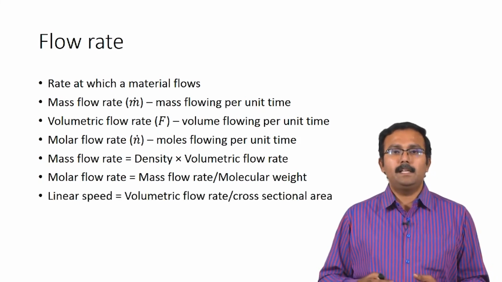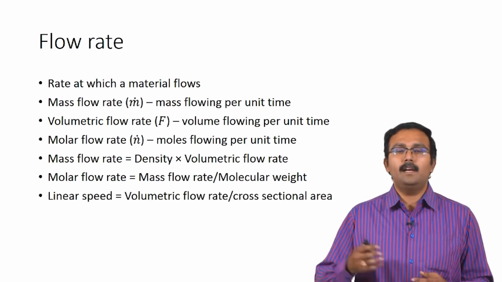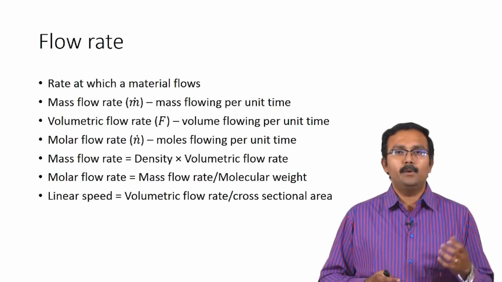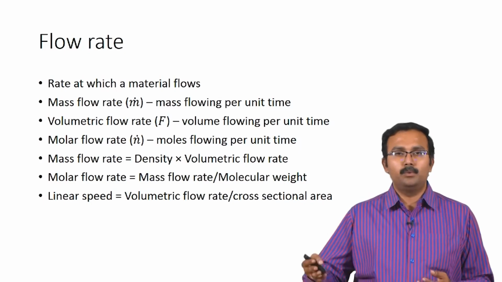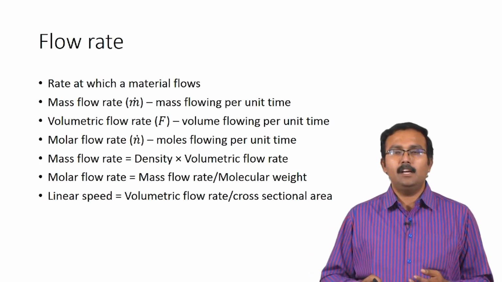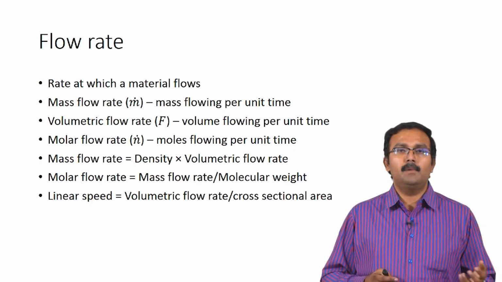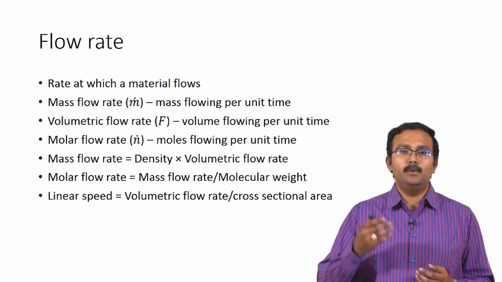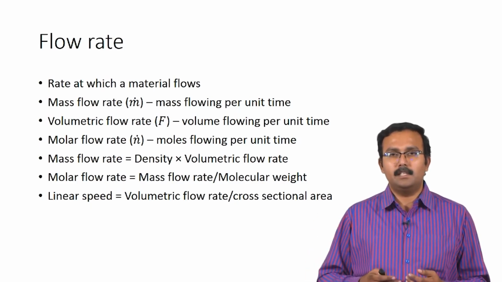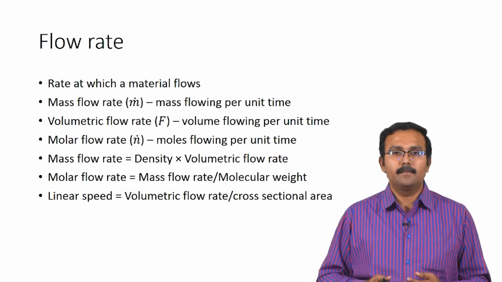Linear speed can be calculated as volumetric flow rate divided by cross sectional area. So, when you have any material flowing through a pipe or through some stream, then the cross sectional area of the flow can be used in the denominator with the volumetric flow rate in the numerator. So, basically you do volumetric flow rate divided by cross sectional area to obtain linear speed.